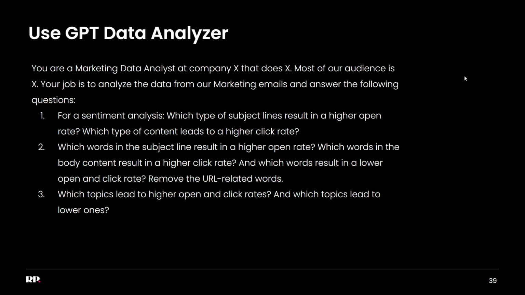And you ask for sentiment analysis, which type of subject lines result in a higher open rate and content result in a higher click rate. You also ask about specific words and specific topics, and it will respond to you with a great summary of topics, of words, and of sentiment that you have to add in your email's content and subject line to engage better with your audience there.